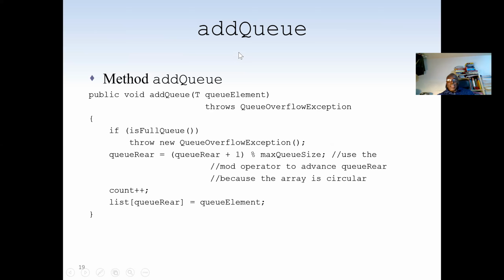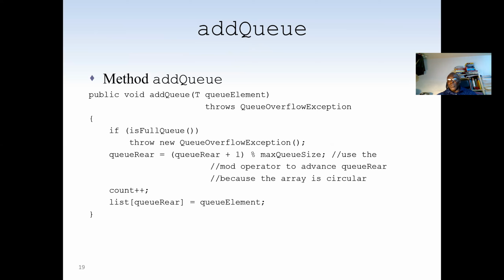Now, how do we add an element to a queue? I'll say the algorithm is very straightforward. First, we are going to add an element, a re-implementation. So we are going to check if the queue is full, if there's a space. If there's a space, then we can increment our counter. We assign the value to the queue.